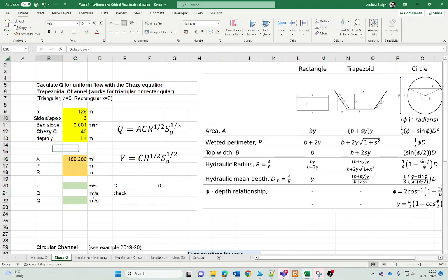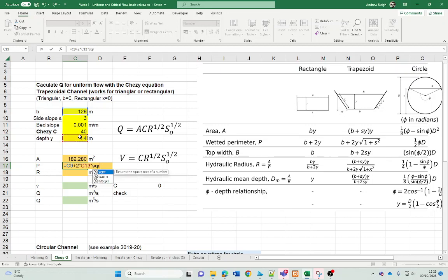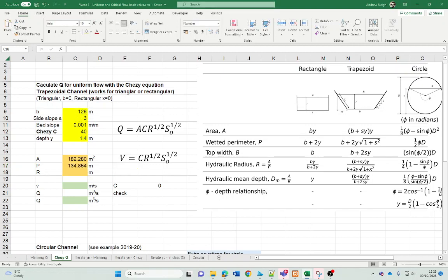There should be S. P is equal to B plus 2 times depth times the square root of 1 plus side slope squared. Yep. R is equal to A divided by P.